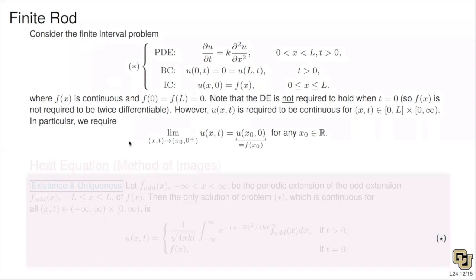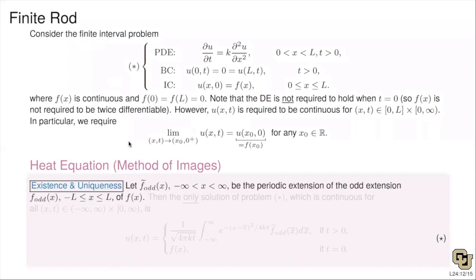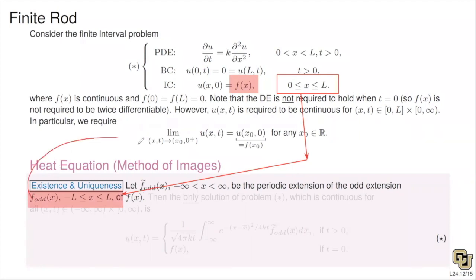But anyway, using the method of images, we can show the following. So what's the method of images? We're going to take this initial condition, which is defined on 0 to L, and make an odd extension. When we make an odd extension, it becomes defined on minus L to L. Then we take that odd extension and do a periodic extension.